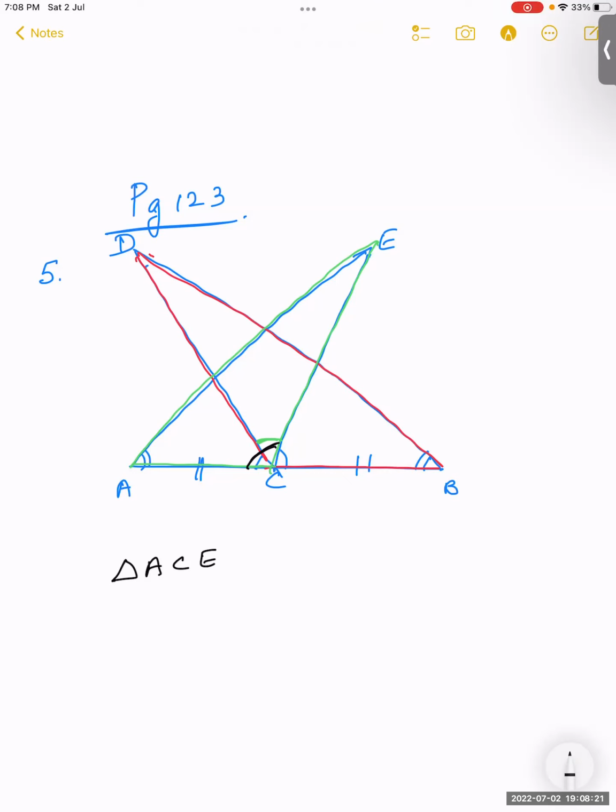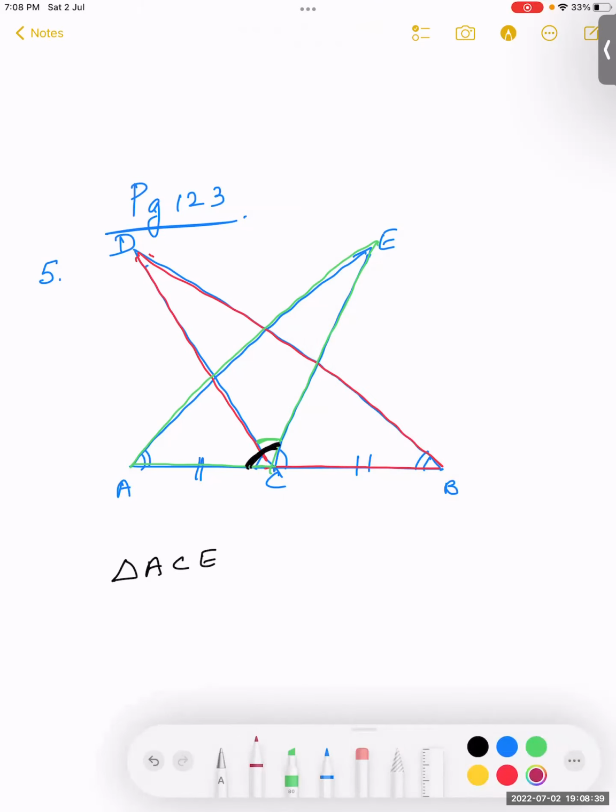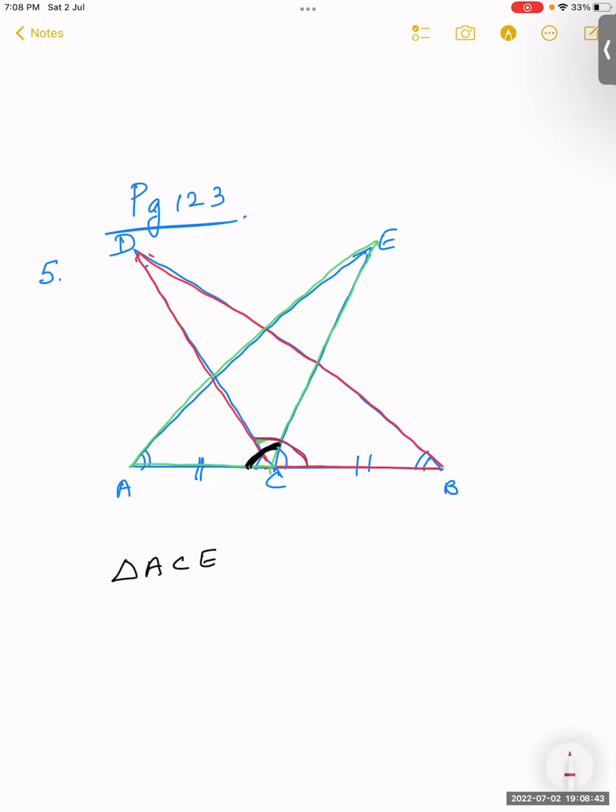That is what I'm looking for. So in that process, what I see is this angle in this triangle and in the other triangle, DCB, this angle. This is DCB's angle C.